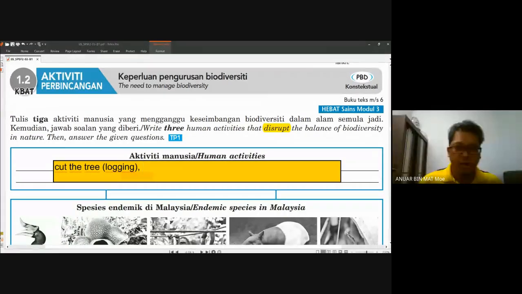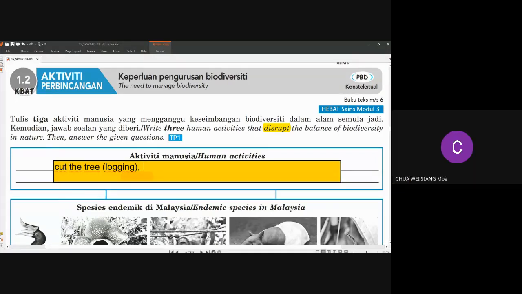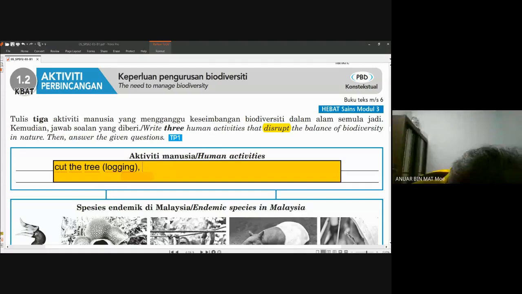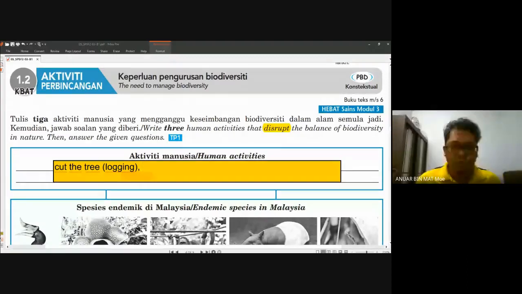Very good. So next one, Chua Wei Xiang. What are the other activities you think? Wei Xiang, you still there? Yeah. Polluting nature, and killing or threatening animals. Okay, very good. Thank you very much. You're polluting the nature, and then you are hunting the endemic species or endemic animal.